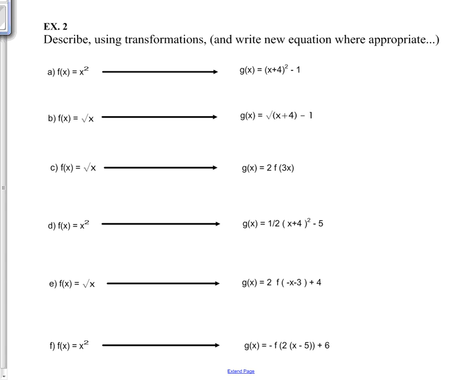We're going to describe using transformations and writing the new equation where appropriate. So for the first one, we started with a function called f, the quadratic x squared. Our new function g of x is also a quadratic, but it has some transformations. If I take f of x and go 4 to the left and down 1, I have my new function.